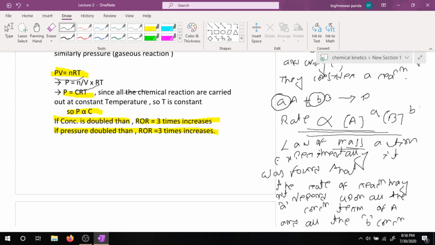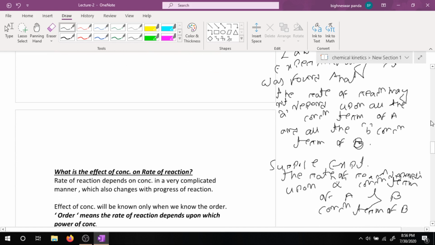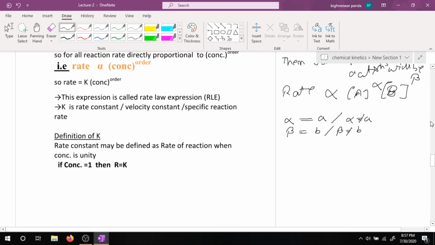But it has been experimentally found that the rate does not depend upon the whole a concentration term of A and the whole b concentration term of B. So they experimentally found to what power the concentration depends, and modified the law of mass action into another equation: rate is directly proportional to [A] to the power alpha and [B] to the power beta.